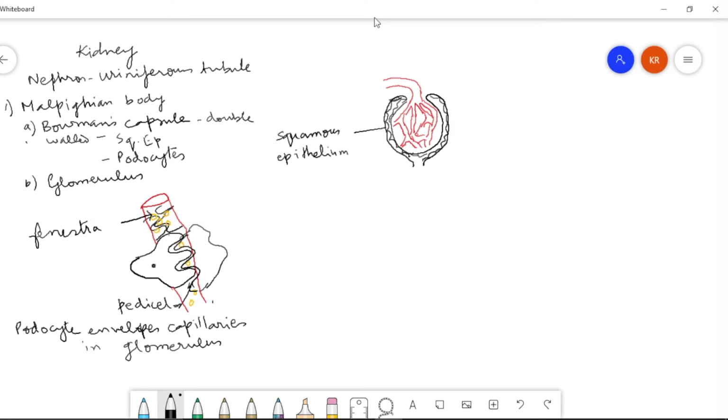Which means that if the podocytes are covering the blood vessel, you cannot see the capillary. It is completely enveloped.